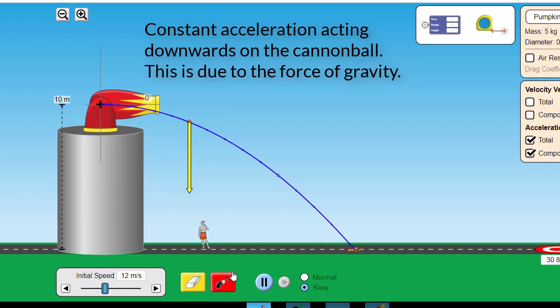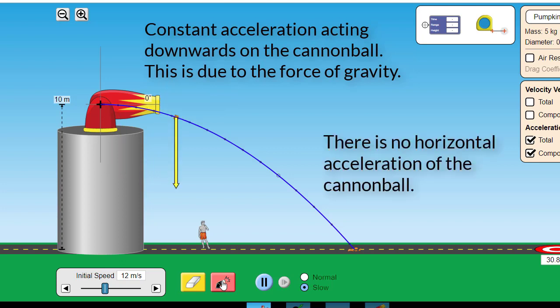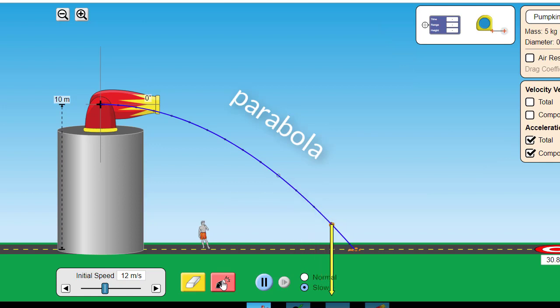But as you can see, there is no horizontal acceleration at all, but there is a constant vertical acceleration, which is due to the force of gravity acting on the cannonball. And that's what gives this cannonball its distinct path of a parabola.